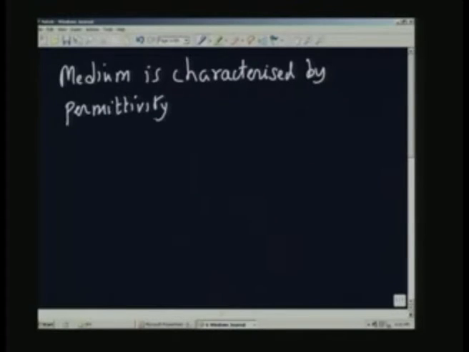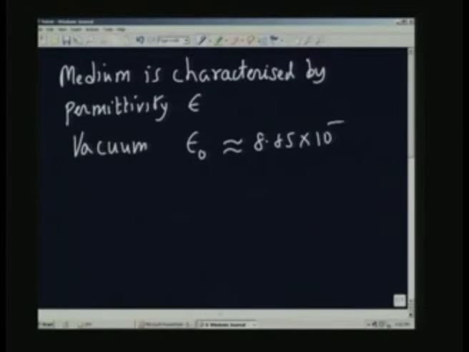And the usual symbol used is epsilon. And if it is vacuum, it is called epsilon subscript 0, and it has a value of roughly equal to 8.85 into 10 to the power of minus 12 farad per meter.